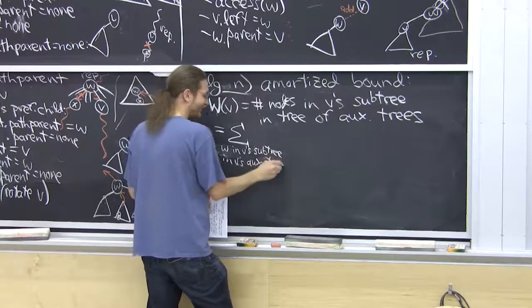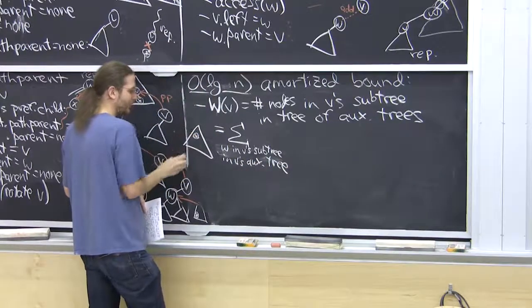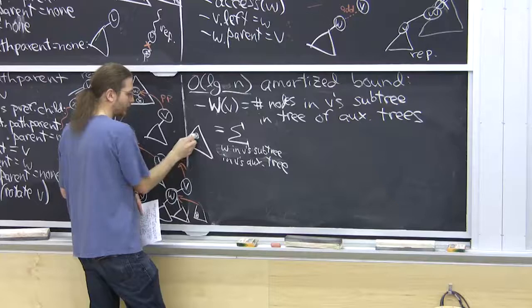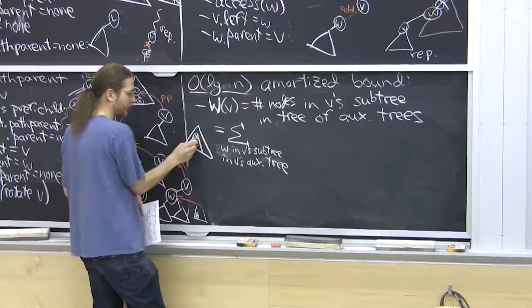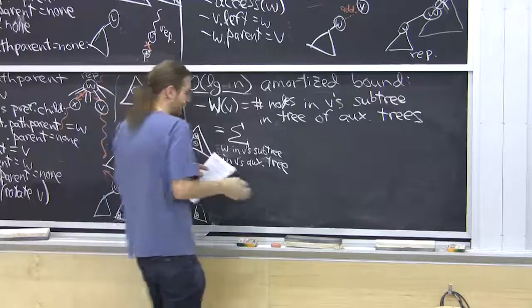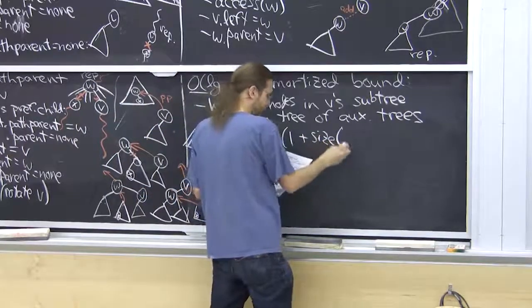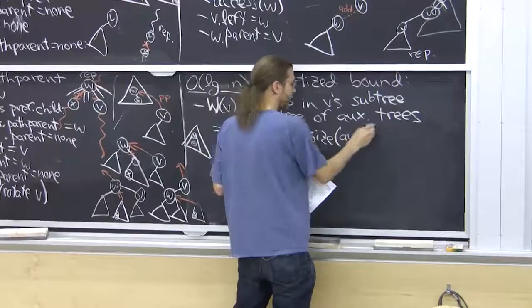This is awkward to say, but what I mean is there's an auxiliary tree containing a node V, and I want to look in that subtree at all nodes W, just within the auxiliary tree, though. And for all those nodes, I take 1 plus the size of auxiliary trees hanging off.